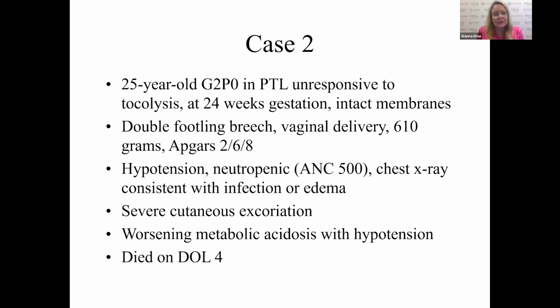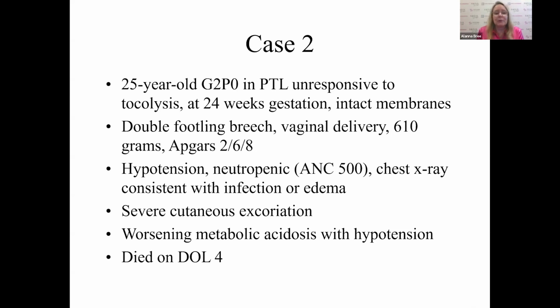So case 2, again, this is going to be a more common finding if you're doing the inpatient pediatric dermatology consultations. Case 2 was born to a 25-year-old mother who was unresponsive to tocolysis at 24 weeks gestation. She gave a vaginal birth to a 610-gram baby with APGARs of 2, 6, and 8.